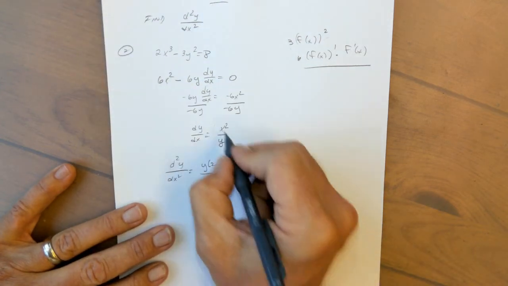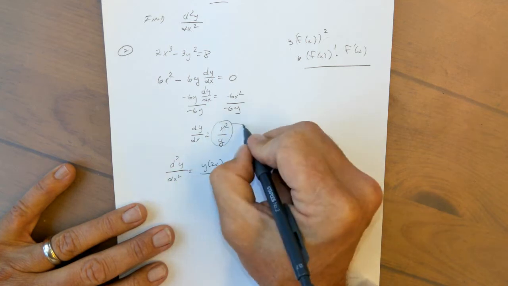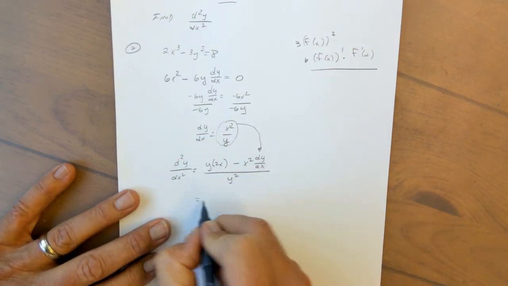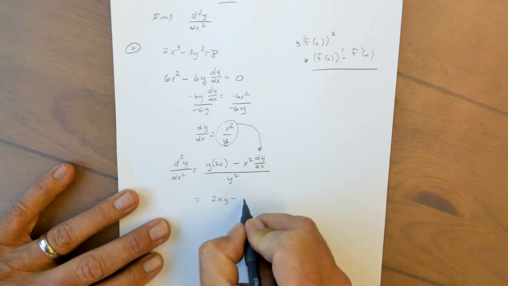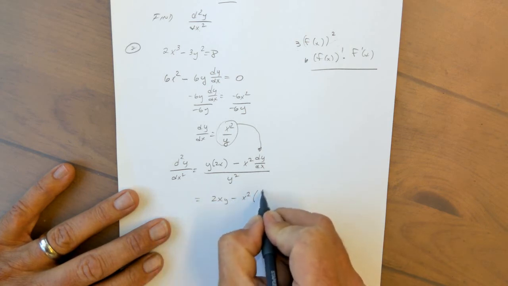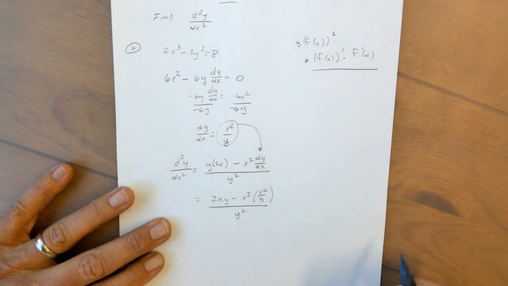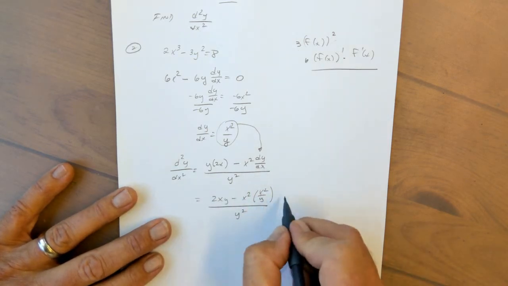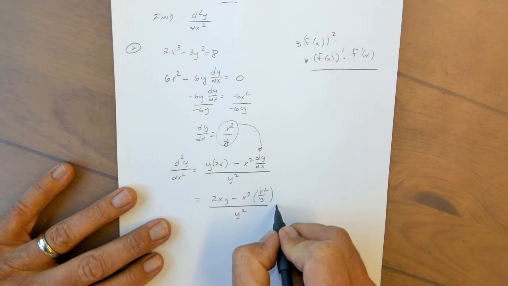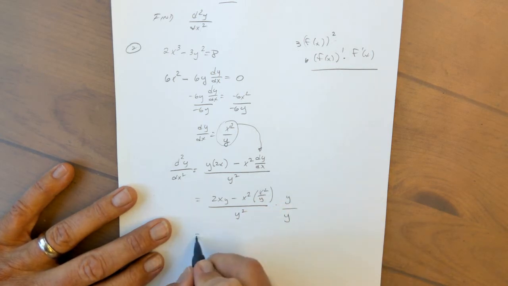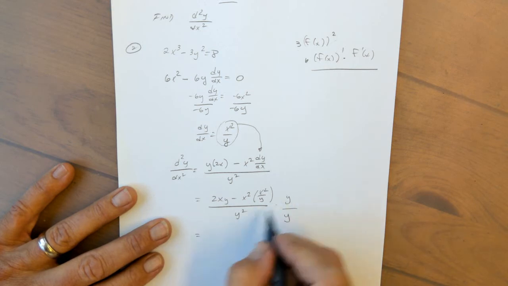So we have this dy/dx, and we're going to substitute the original dy/dx in there. So we have 2xy minus x squared times x squared over y, all over y squared. Again, we have our nested fractions. So similar to what we did back when we were doing limits with nested fractions, we're going to multiply by the common denominator, which is y.